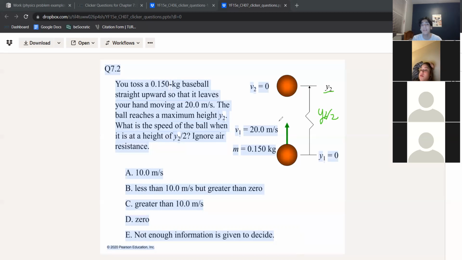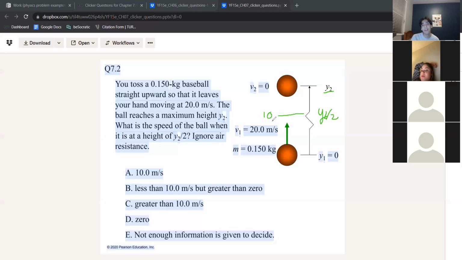Yeah, I would say 10 too. It would have to be at least 10, because if it's at this halfway point, if we're ignoring air resistance, using the midpoint, I think that would be 10, right?